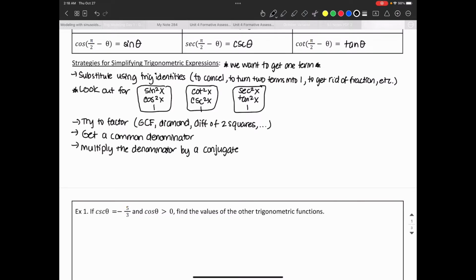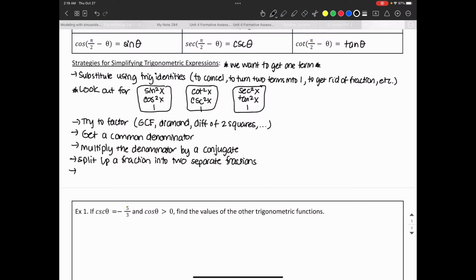Multiplying the denominator by a conjugate might help me. Maybe I want to split up a fraction into two separate fractions. Maybe that will help me get rid of stuff. So that's the opposite of getting a common denominator: split up a fraction into two separate fractions.